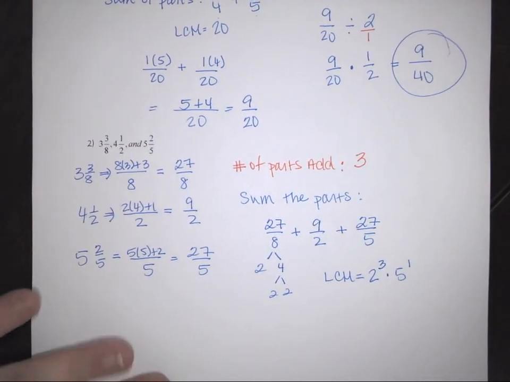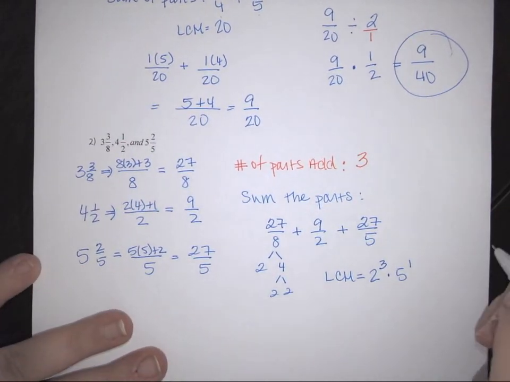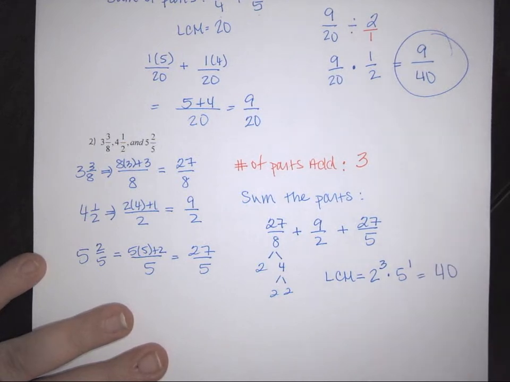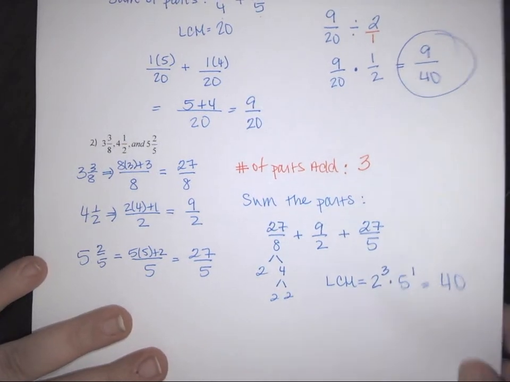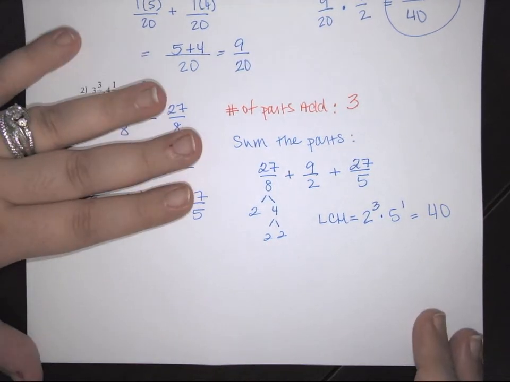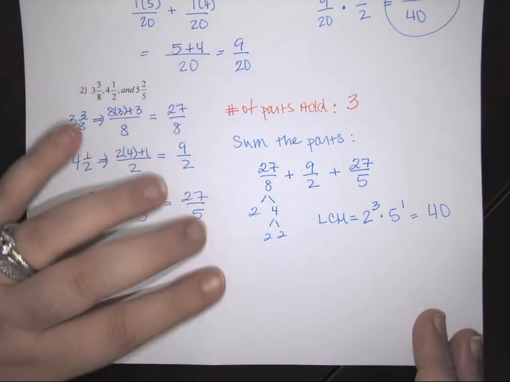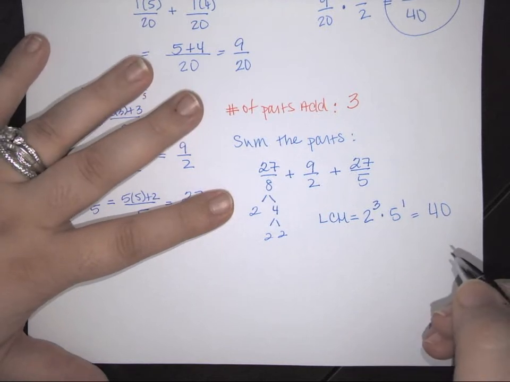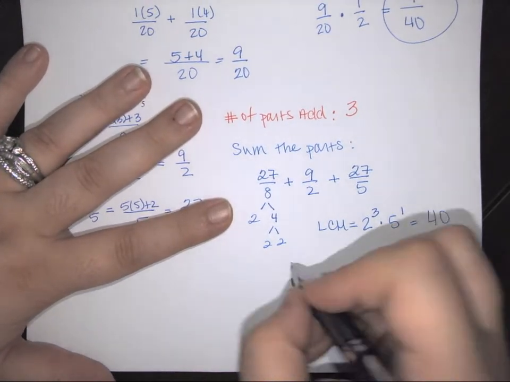When I actually do that math, you're going to end up with 40. Now I have to look at how do I take 8 to 40? Well, I do that by multiplying by 5.